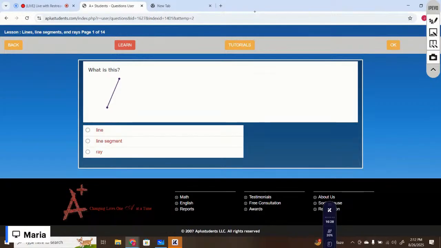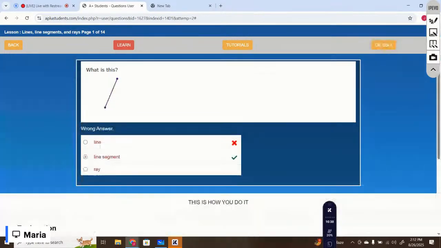What is this? This is the line. Option number one is the correct option. This is the line segment. Option number two is the correct option.